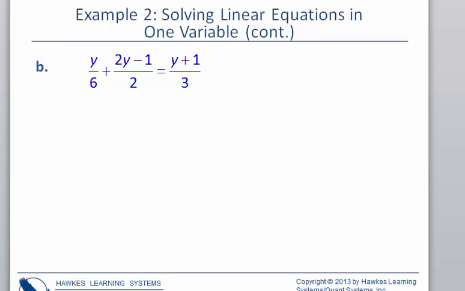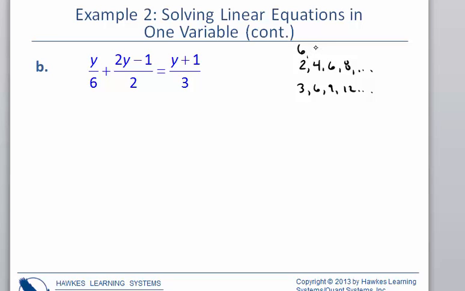If I look at my denominators, I have a 6, a 2, and a 3. And so the least common denominator, if you look at multiples of these, we would have 2, 4, 6, 8, and so forth. On the 3s, we would have 3, 6, 9, 12.